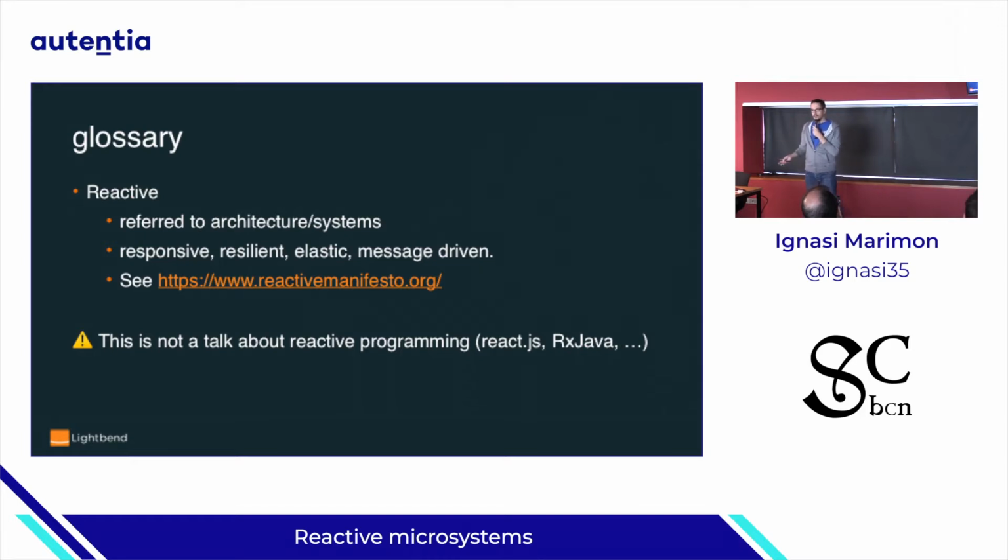Reactive programming is not the same as reactive systems. This talk is more about the system itself, except in a couple of occasions. I used italics on those occasions. There's more in the Reactive Manifesto. To make this talk compliant for Software Craftsmanship Barcelona, I added an emoji. It's here.